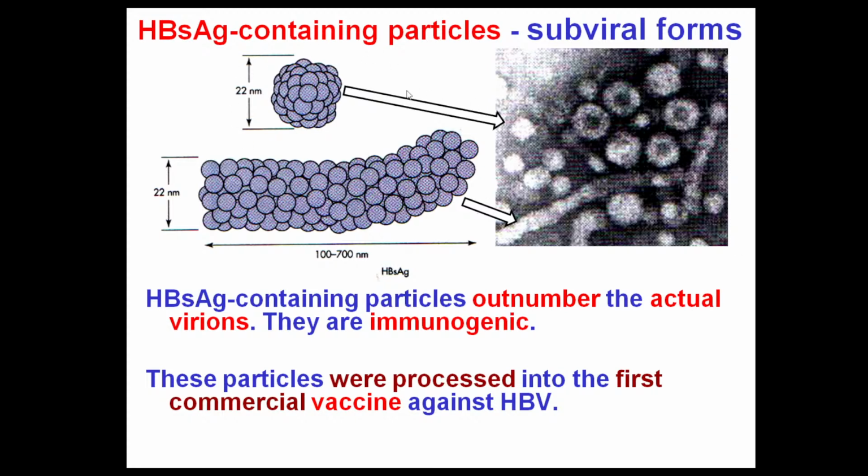But those particles are highly immunogenic, so they may act as a decoy for antibodies produced against hepatitis B surface antigen. So, in fact, instead of binding with the Dane particle, antibodies may bind with these spherical or filamentous hepatitis B surface antigen particles, and then they will be wasted for nothing because those are not infectious.